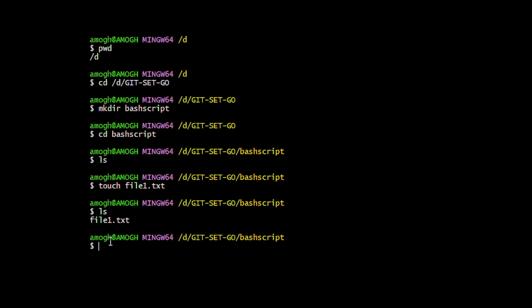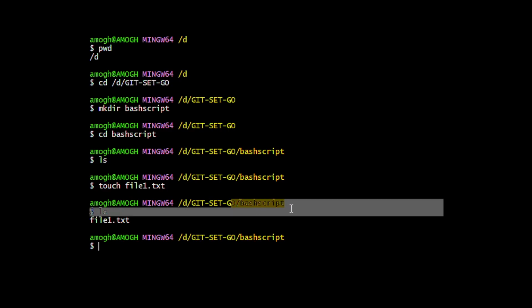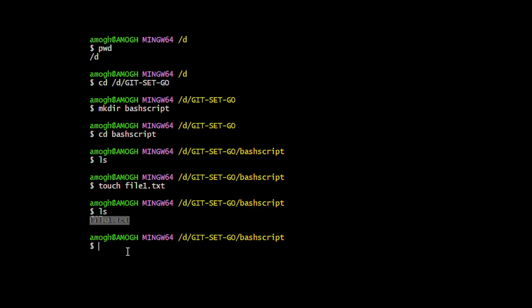Okay. Right now in our bash script folder, we have file1.txt. These are some basics which you need to know. First, there is a command called echo. Whatever you write after the echo command, it prints.